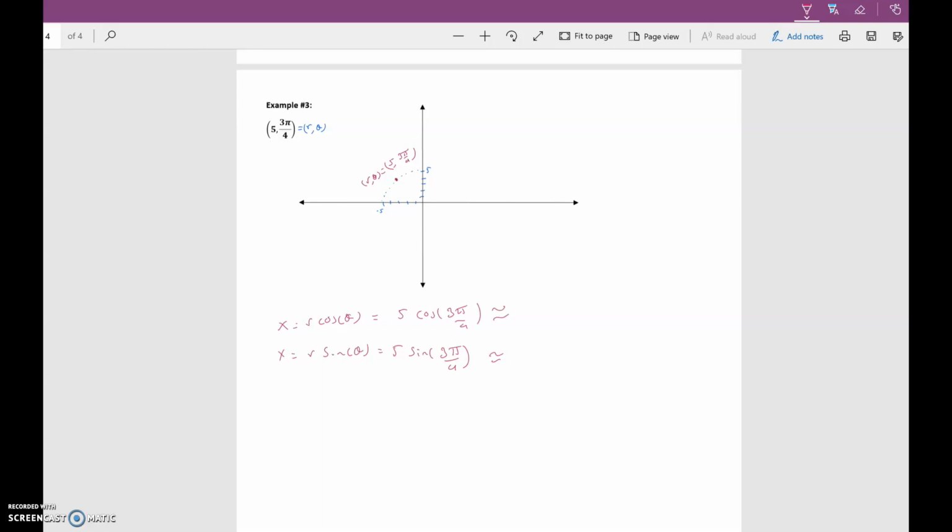So the actual cosine of 3 pi over 4 is going to be negative square root of 2 over 2. So this one will give us 5 times negative square root of 2 over 2.